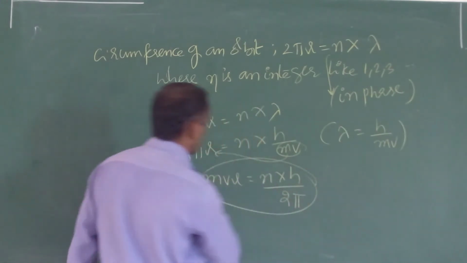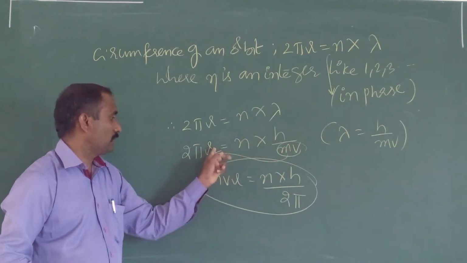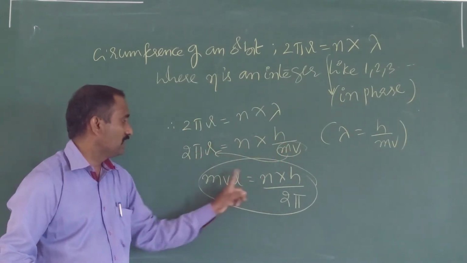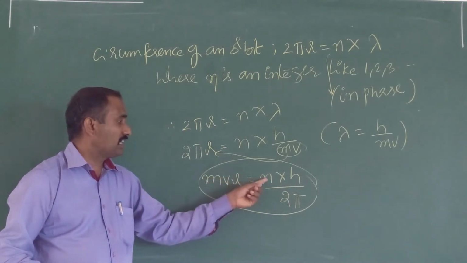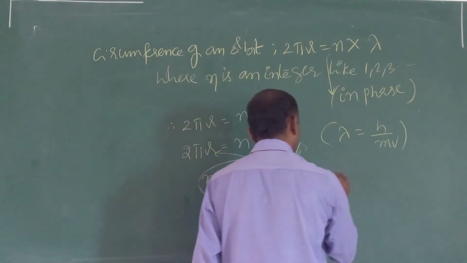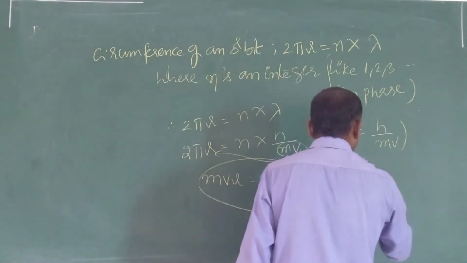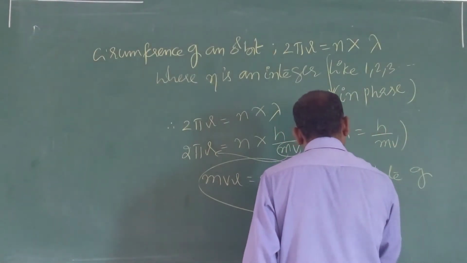So this is Bohr's postulate. Since lambda equal to h by mv, therefore cross multiplication, 2 pi comes to this side. So mvr equal to nh by 2 pi. Therefore, angular momentum of an electron is an integral multiple of h by 2 pi. This is the postulate of Bohr's model of angular momentum.